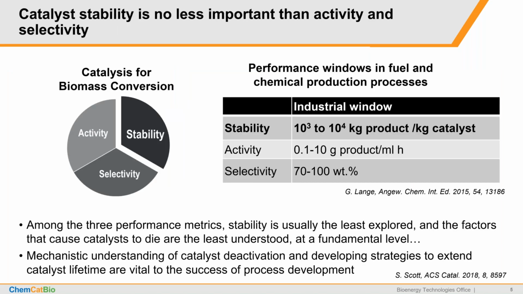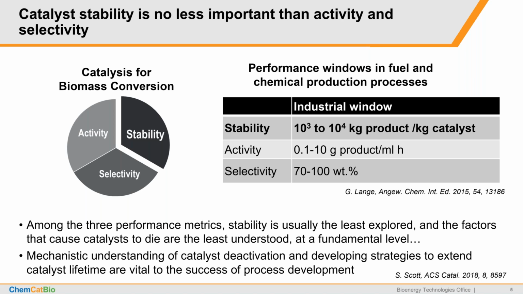We all know that catalyst lifetime is as important as activity and selectivity. For an industrially relevant process, we have to demonstrate catalyst stability to meet the production performance goal or requirement for the process. However, in some early stage R&D, catalyst stability normally receives less attention compared to activity and selectivity.